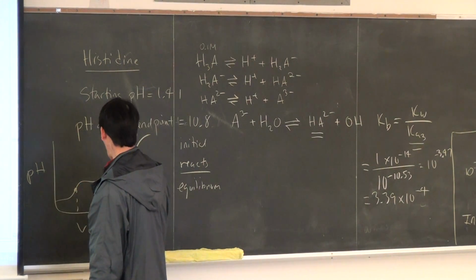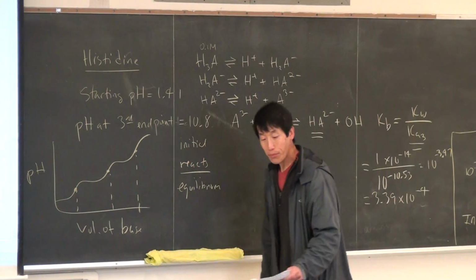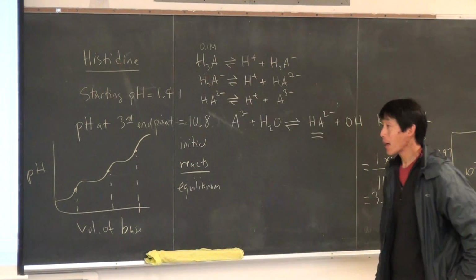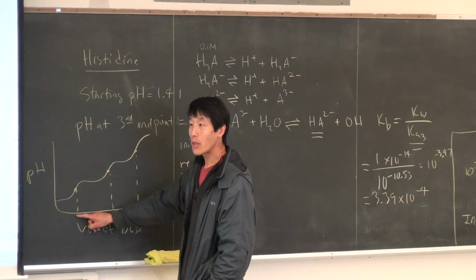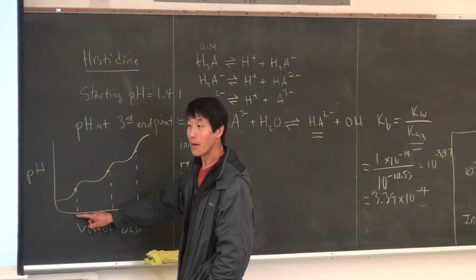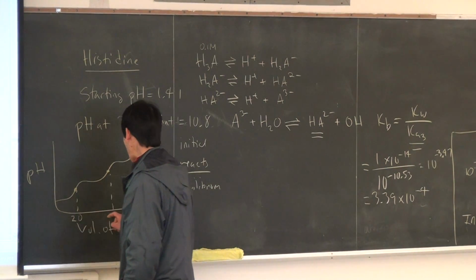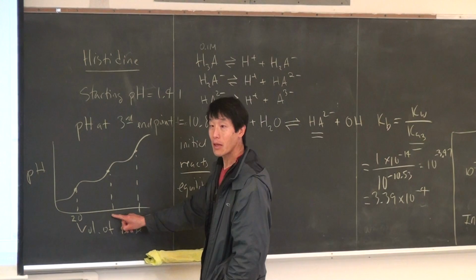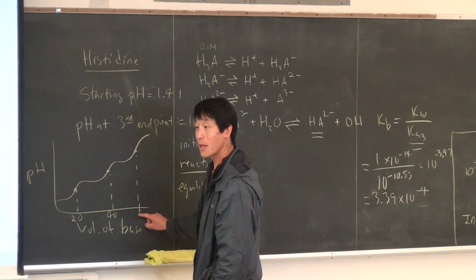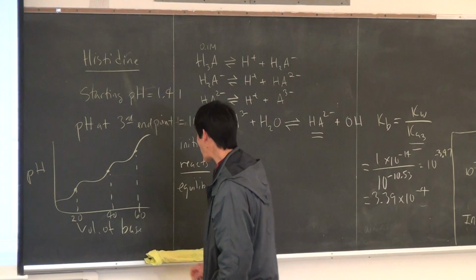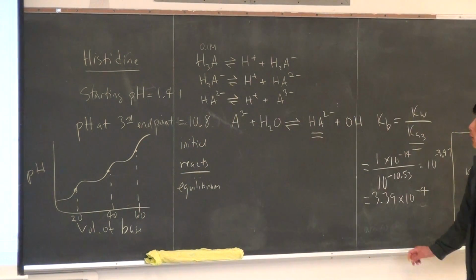Initially we have 20 milliliters of 0.1 molar H3A. To get to the first endpoint, what is the volume of base we need? Okay, 20. To get to the second endpoint, we have to add 40, and to get to the third endpoint, we've got to add 60. So note that we have a total of 80 milliliters of solution, so we have to account for dilution.